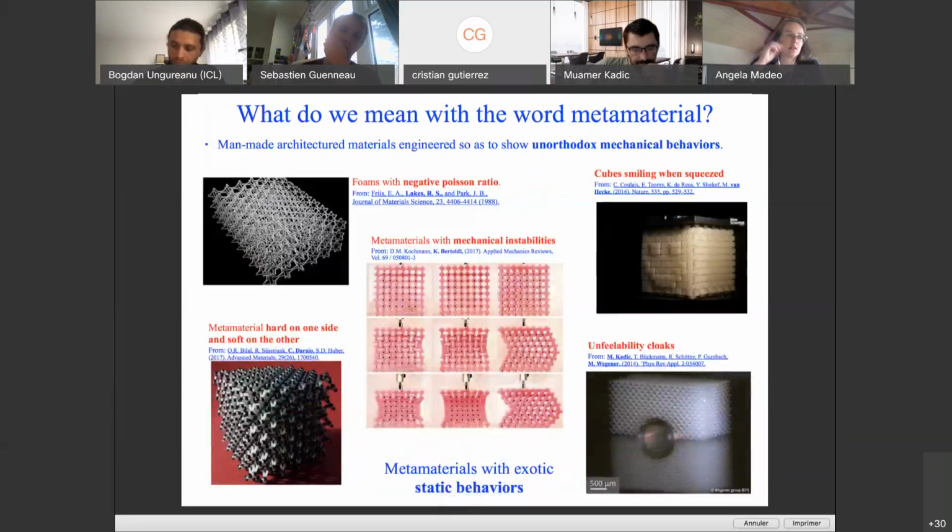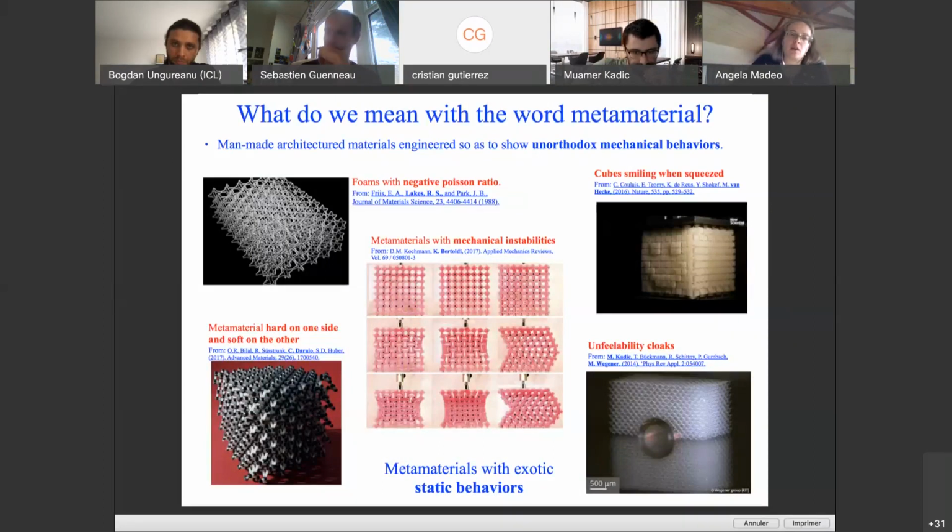So to arrive at this point, we have to say some words about this micromorphic continuum. This is a usual introduction that I make in conferences. And what do we mean with the word metamaterial? Here in the audience, I guess we are more or less all acquainted with this concept, which starts a little bit early, already in the 90s with Lakes.